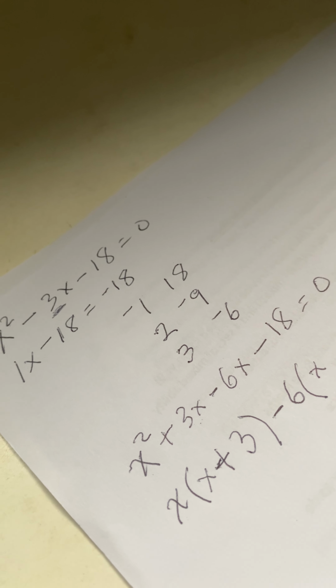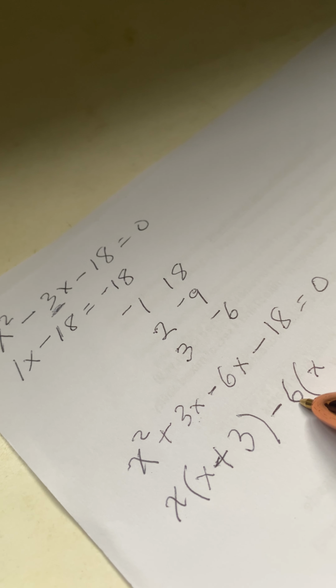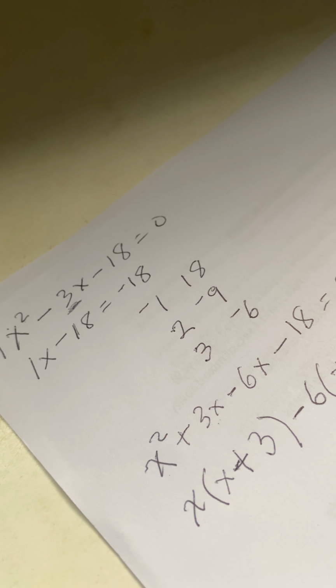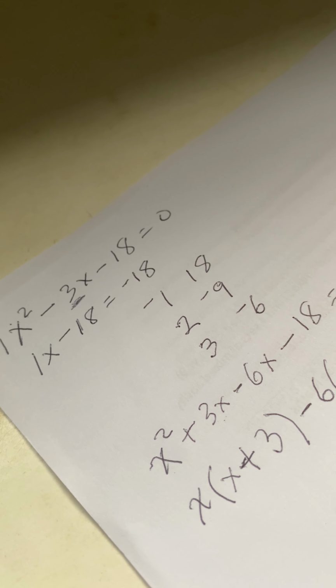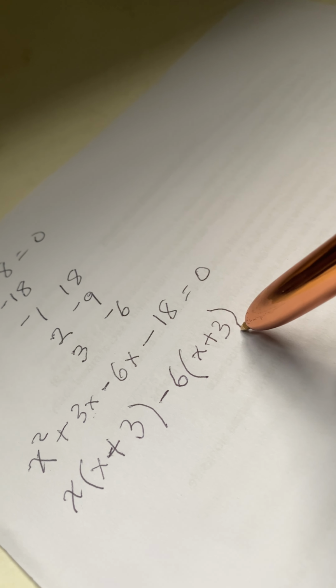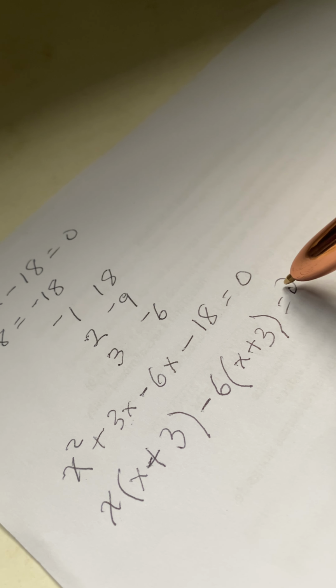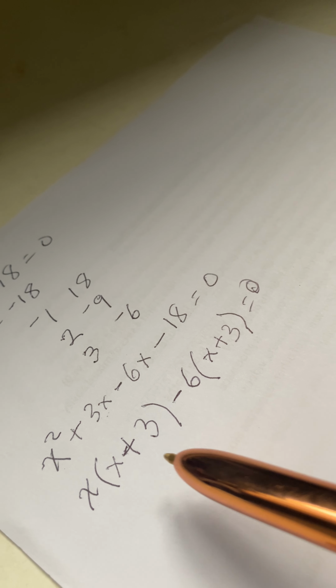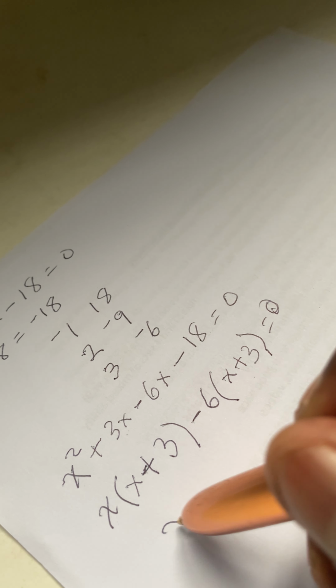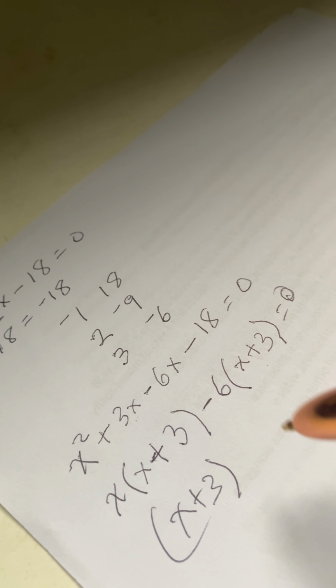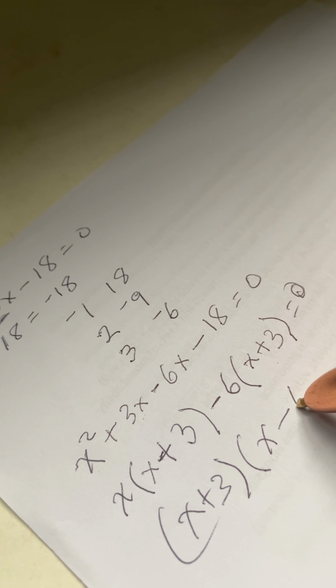We write the x inside. 18 divided by 6 is 3. So we write plus 3. Remember, the minus is already catered for out here. So we write plus 3 is equal to 0. Now x plus 3 and x plus 3 are the same. So what we write here will be x plus 3, open brackets, x minus 6 is equal to 0.